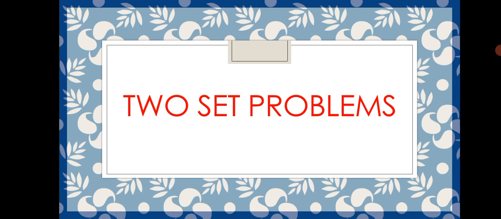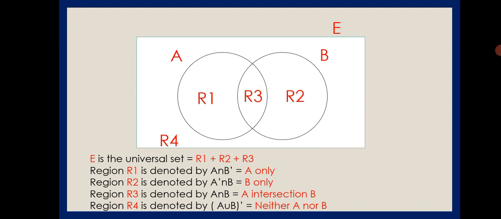If that's the case, let's go and solve two-set problems as we used to do in JHS. Before we start with this, we have a nice Venn diagram. And what does it mean? We could see A, B, R1, R3, R2, R4, then E on top of the rectangle.